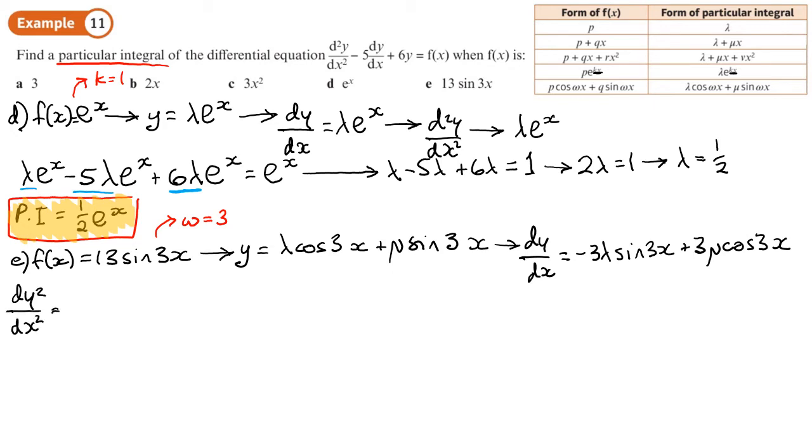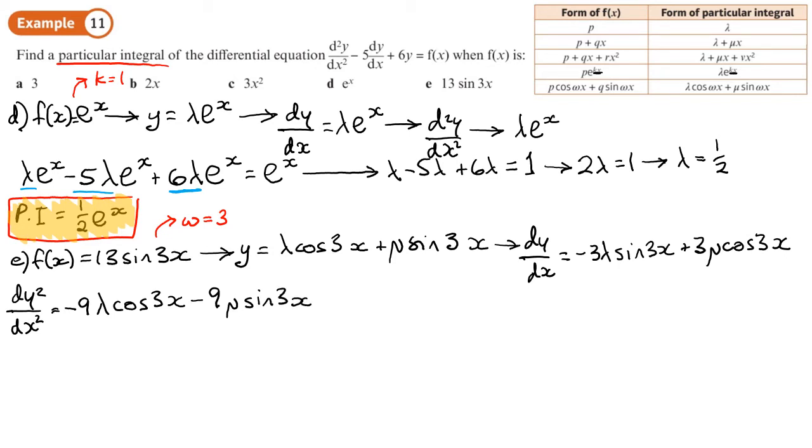So we've got to be careful with our sines and cosines when we differentiate them. So differentiating this again, this will become negative 9 lambda cos 3x. And then cos differentiated becomes minus sine here, so I'll have negative 9 mu sine 3x.